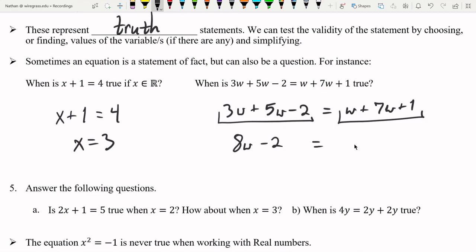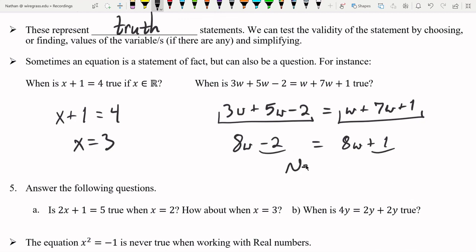And w plus 7w is 8w. And then plus 1. And it's asking, when is some number multiplied by 8 minus 2 equal to the same number multiplied by 8 plus 1? Here we're subtracting 2, here we're adding 1.